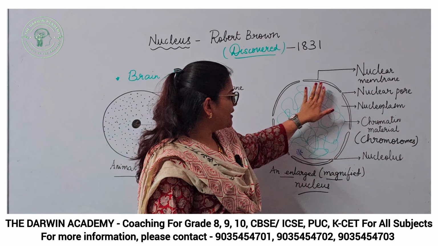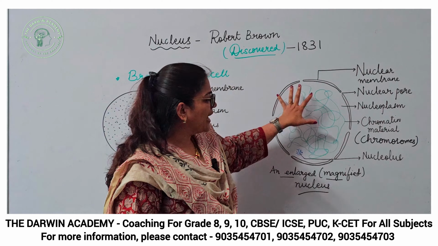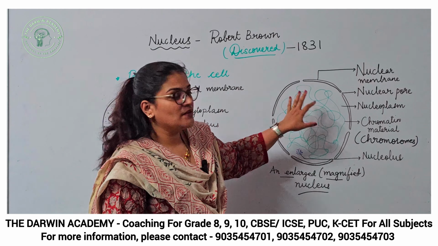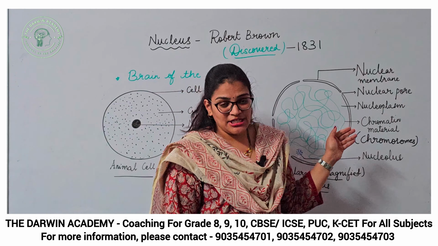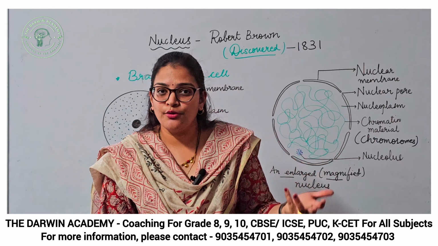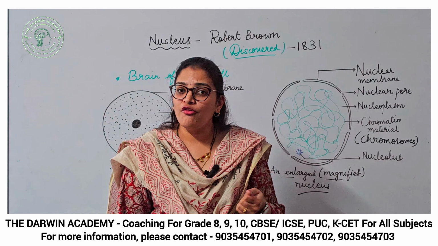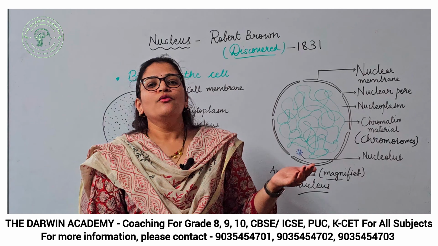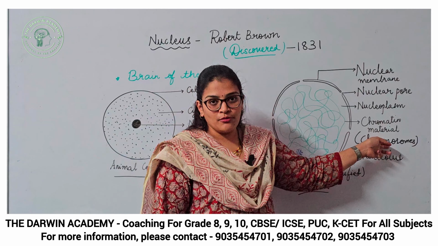Otherwise, the chromatin material exists as loosely kept thread within the nucleus. This chromatin material is made of DNA and proteins, okay? And the chromatin material later on condenses to form the chromosomes.